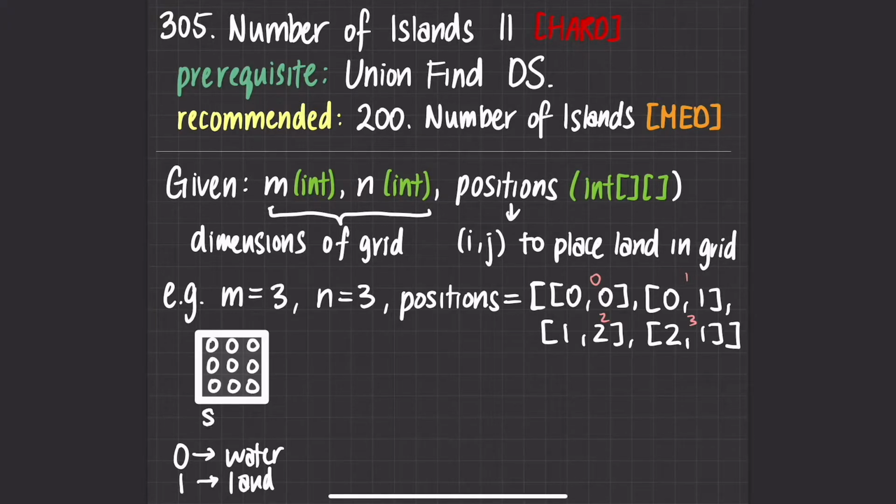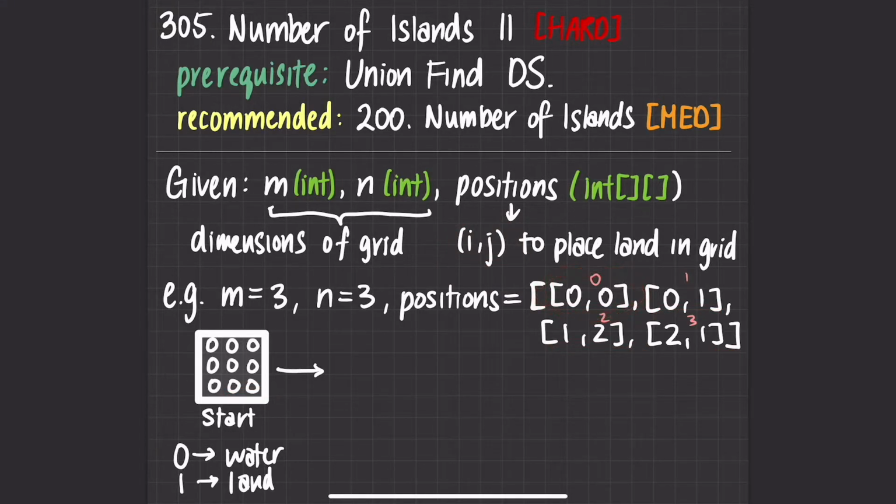So this is where you start. Afterwards, for every single position in positions, starting from the 0th index all the way till the last, we go step by step, adding the land at position ij in positions to our grid. So what does that look like?